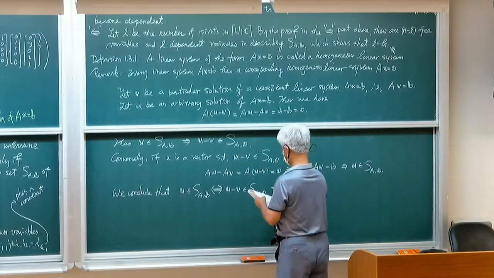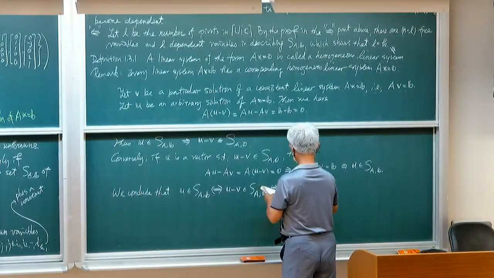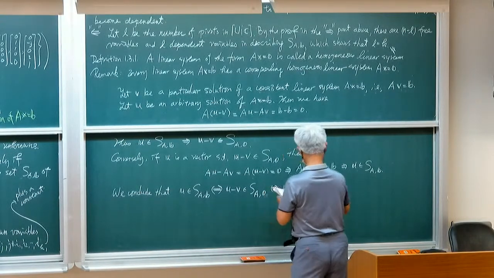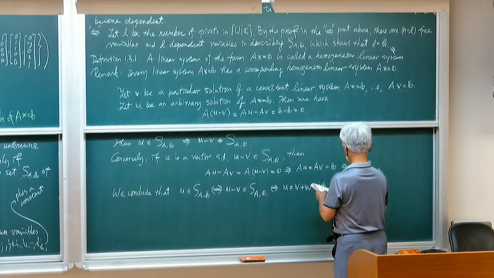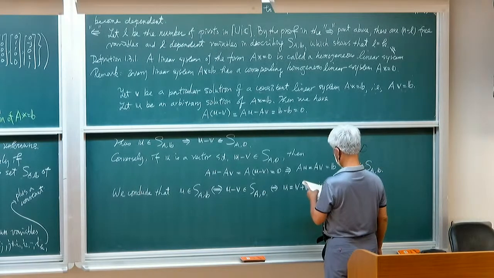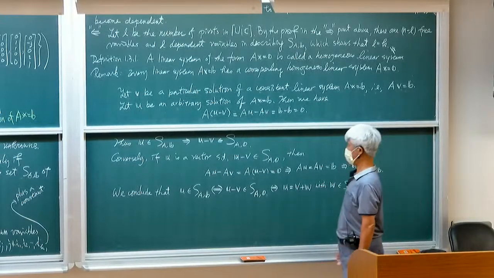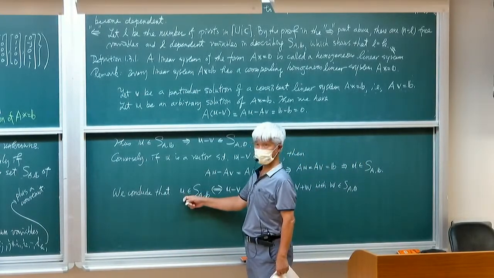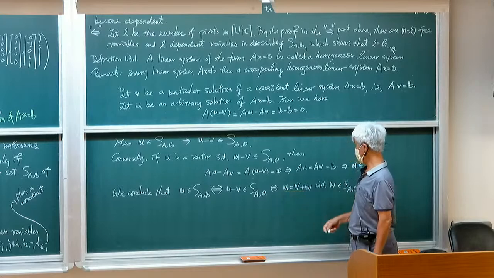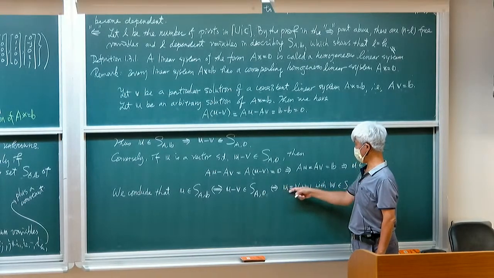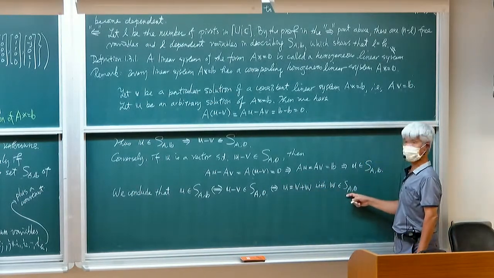Okay, so if and only if U is equal to V plus W with W in S(A,0). So U is a solution of the original linear system if and only if U is equal to a particular solution plus a solution of the homogeneous linear system.